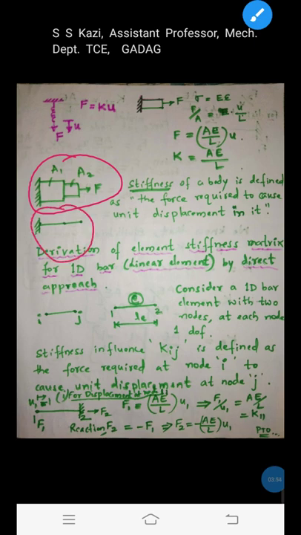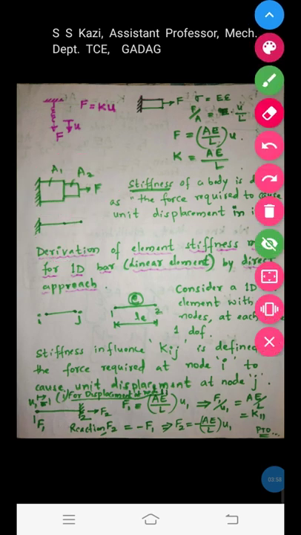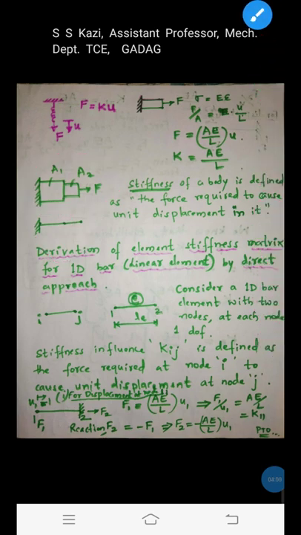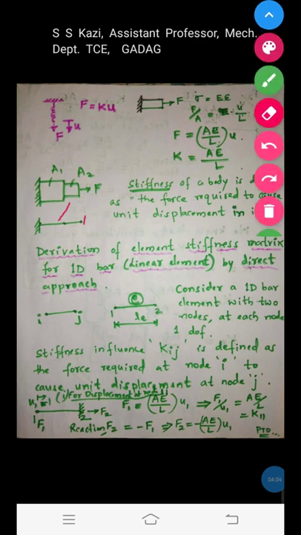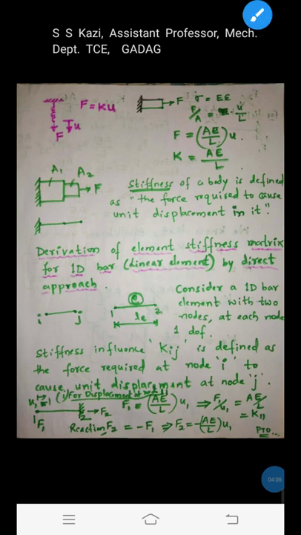These two pieces are interconnected by means of one common node. Now how do we find the stiffness values? Here at each and every location you can find the stiffness values, so these two pieces or parts are called finite elements in FEM.